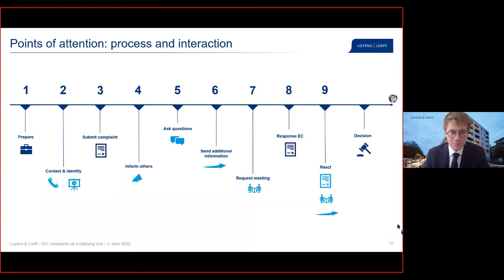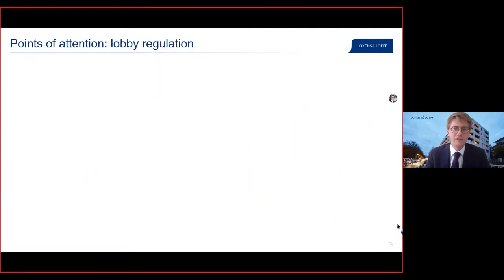It sometimes can be a good thing to keep it just for the end in order to maybe force a position. And then eventually it's the final decision of the Commission.